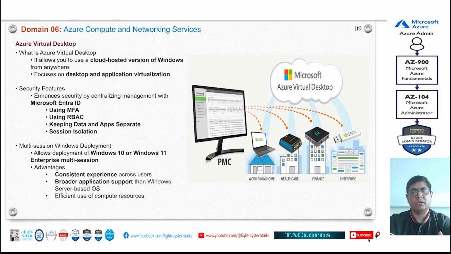For now, you need to understand that virtual desktops are always built in there and they have role-based access control, and then you need to protect them with MFA. Then data and app services are kept separate. The virtual desktop is over the cloud.